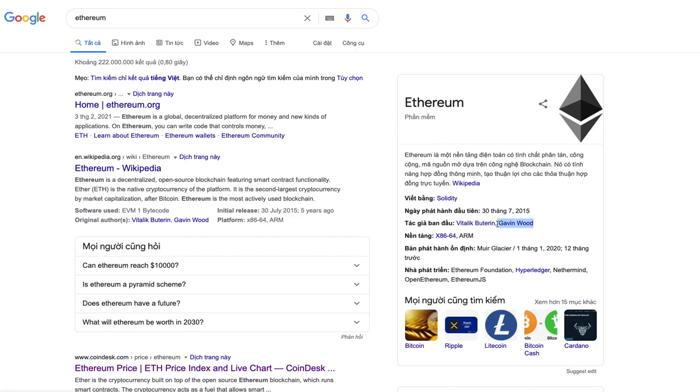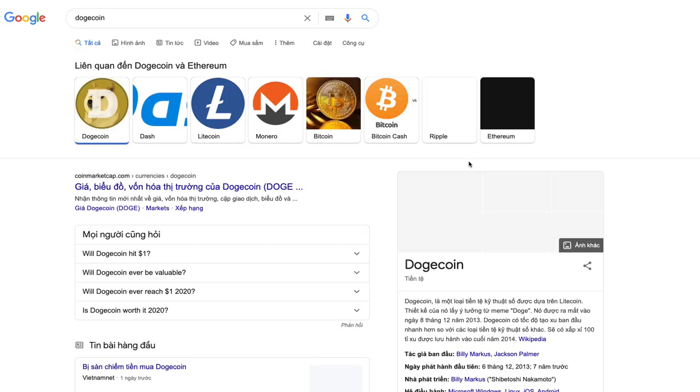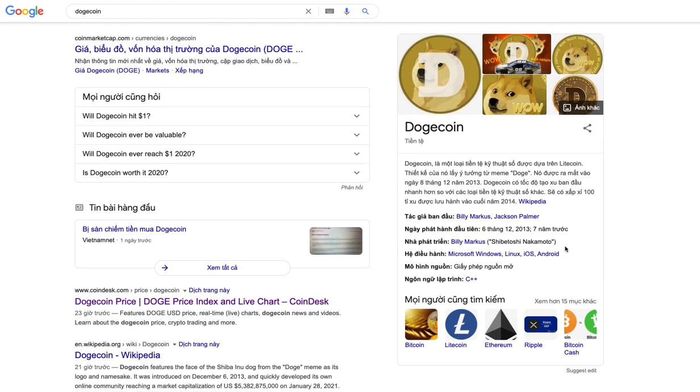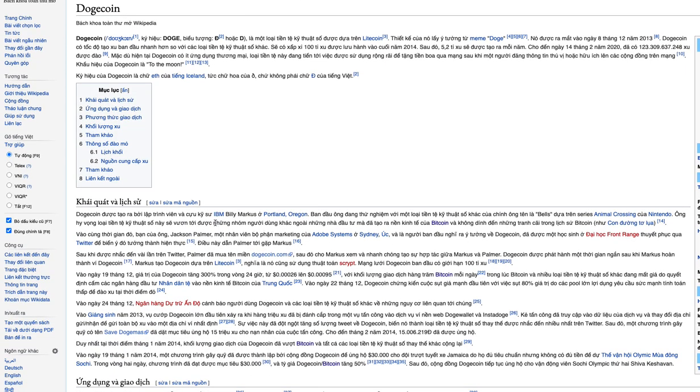You can Google these people or check their LinkedIn or anything, their history, their work experience, who they are. Are they big people or something like that? So for example, if you know Dogecoin, the people behind that actually worked at IBM.